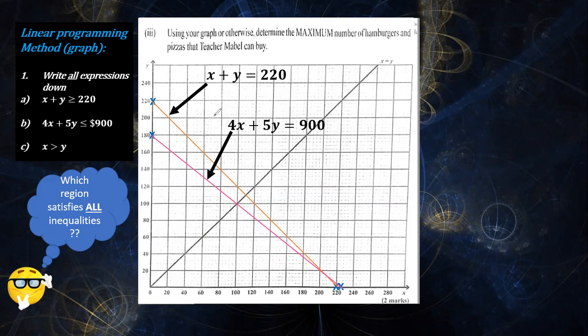It has to be greater than this line. And it has to be less than 4x plus 5y equals 900. So 4x plus 5y is this line. So less than that is going to be below.